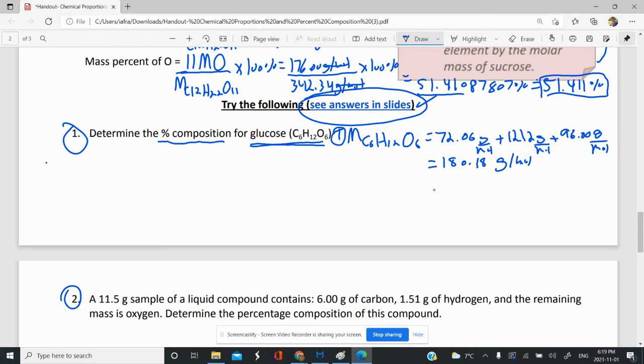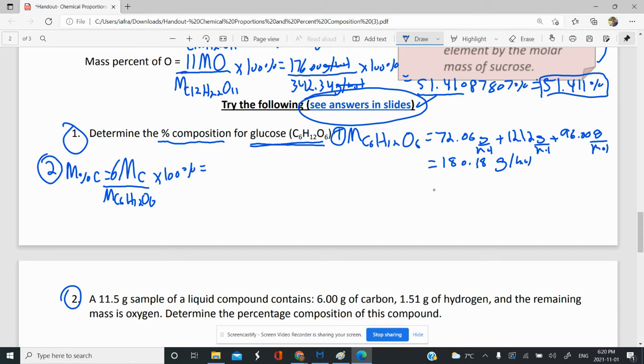Our second step is going to be to find the mass percent of, well, let's do carbon first. So mass percent of carbon is equal to the molar mass of carbon times 6. So 6 times the molar mass of carbon, because there's 6 carbons, over the total molar mass of the glucose, which is C6H12O6, times 100%.